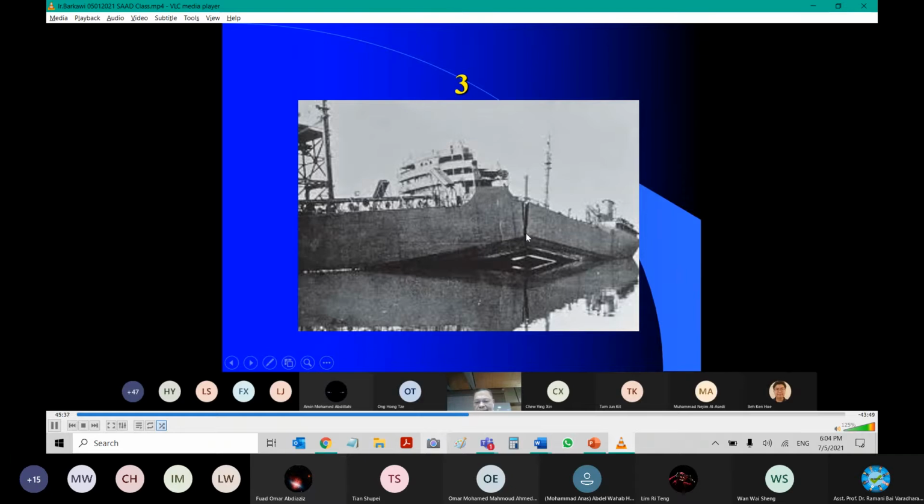It cracked in the middle, and the two halves just sank that year. This is one of the disasters, and it was analyzed, looking at the load distribution at the top and also the buoyancy. They found that the maximum bending moment occurred at that particular point, and this caused bending of the shape.